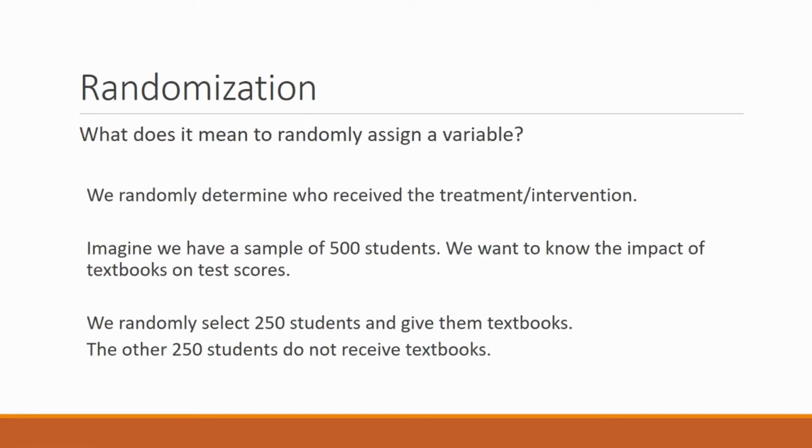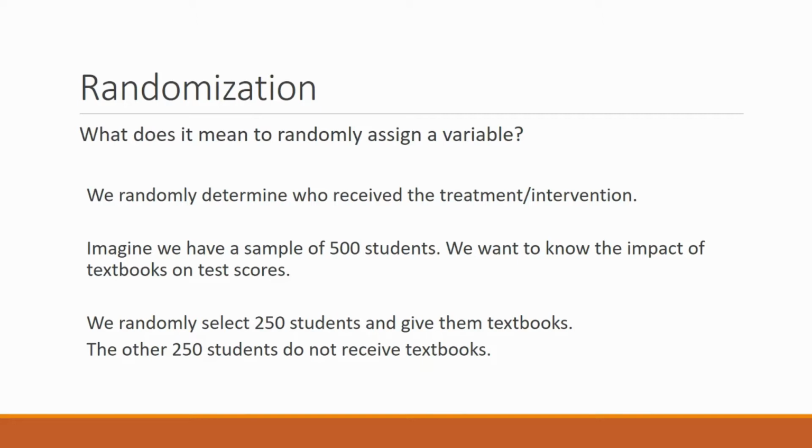So what does it mean to randomly assign a variable? What this means is that we randomly determine who receives this intervention or treatment. Imagine we have a sample of 500 students. We want to know the impact of textbooks on the students' test scores. So we randomly select 250 students and give them textbooks.